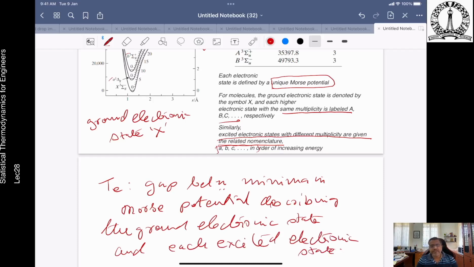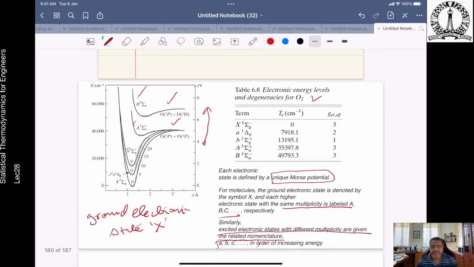If you look at this table, you will find that the effective degeneracy is also given here, along with T_e.